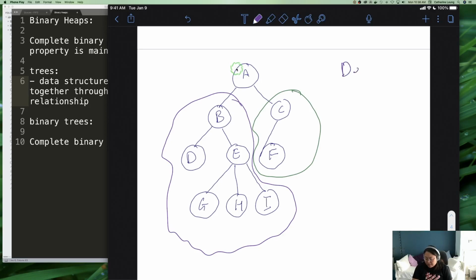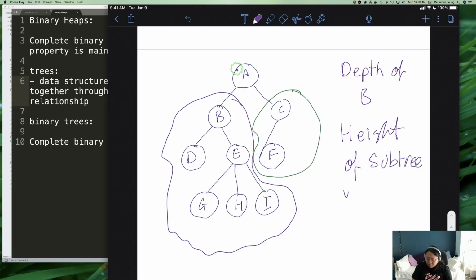So very quick quiz: the depth of B, and the height of the subtree with B as root. What is the depth of node B? And what is the height of the subtree whose root is B? Okay, pause the video and answer this question.